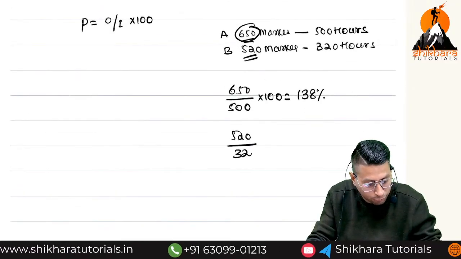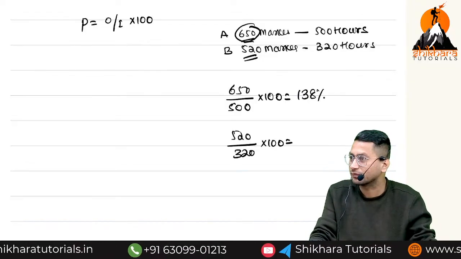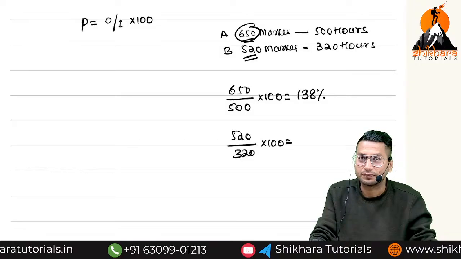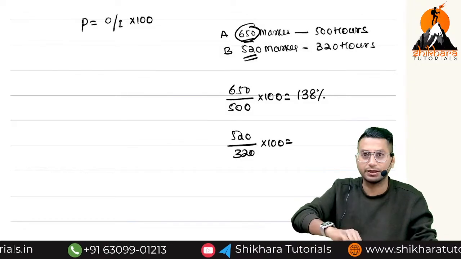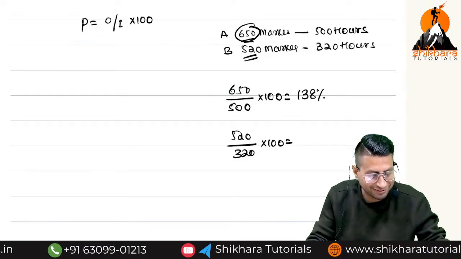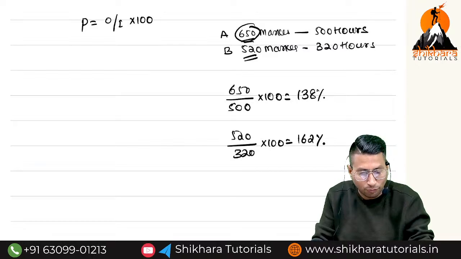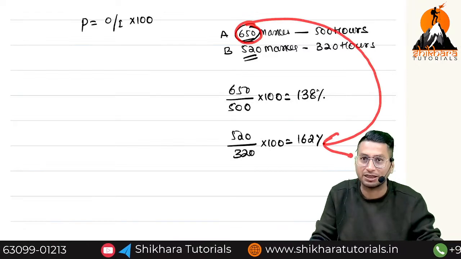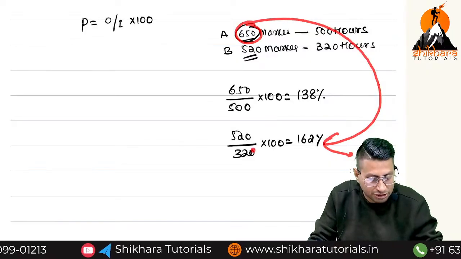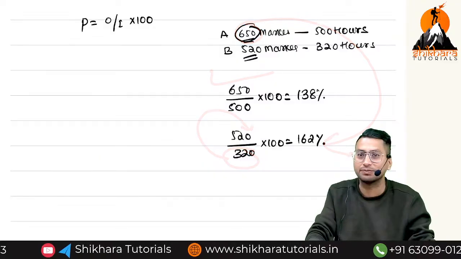And madam has given how many hours? 162%. Now tell, even though Madam A has scored more marks, who is more productive, Madam A or Madam B? Because she is devoting less time and getting more marks compared to Madam A.